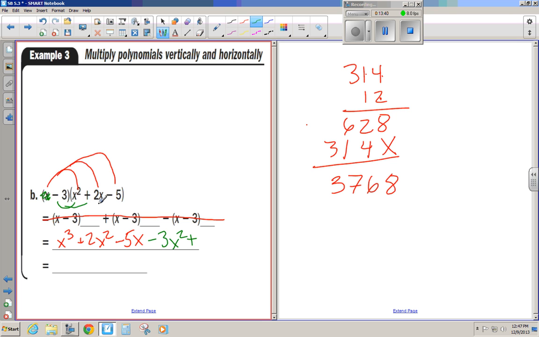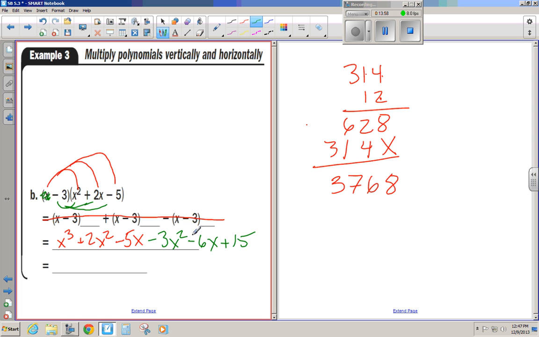Right, so it's, what was it again? Negative 3 times 2 is not positive, it's minus 6x. Then negative 3 times negative 5 is plus 15.